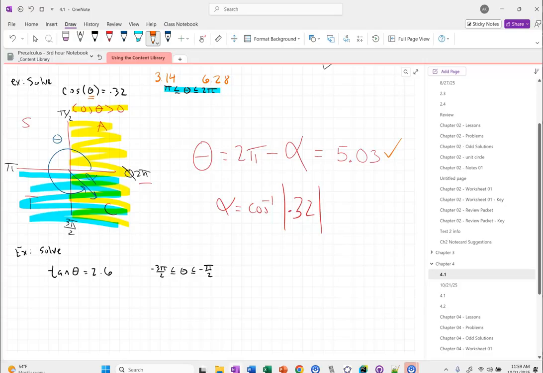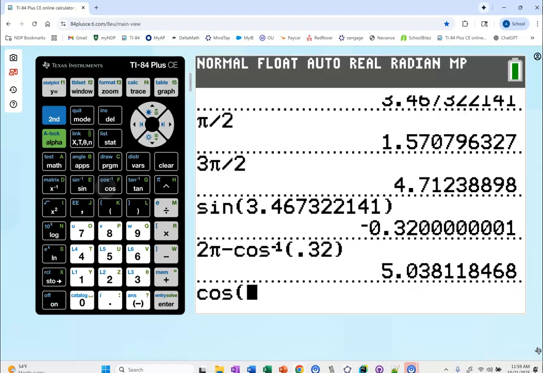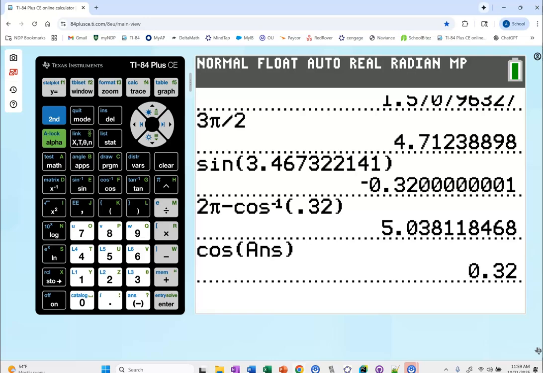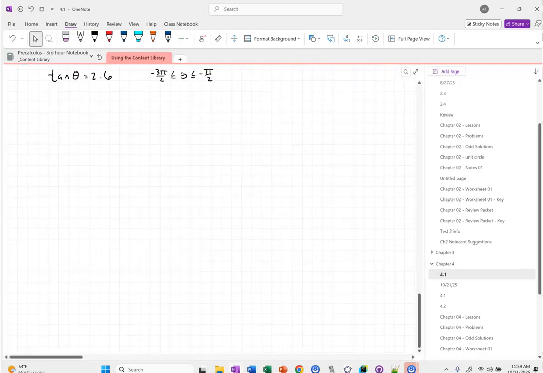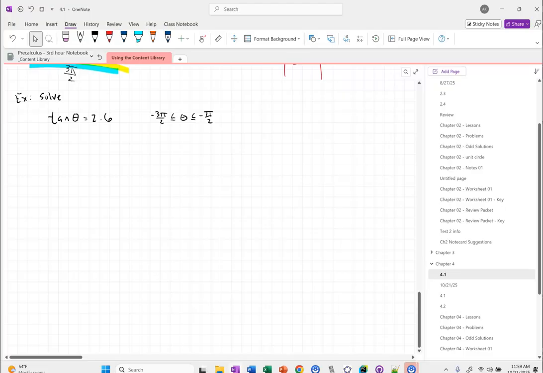Does cosine of 5.03 equal 0.32? And it does. We got it. Everybody good? So we checked both parts. Last example, after this one, Lauren, you can go check out your project.